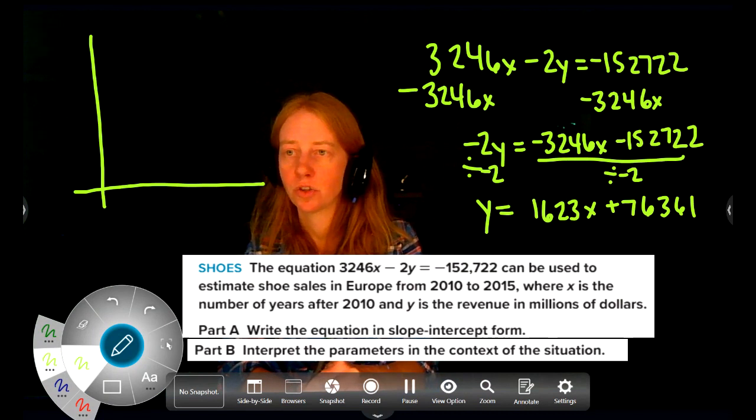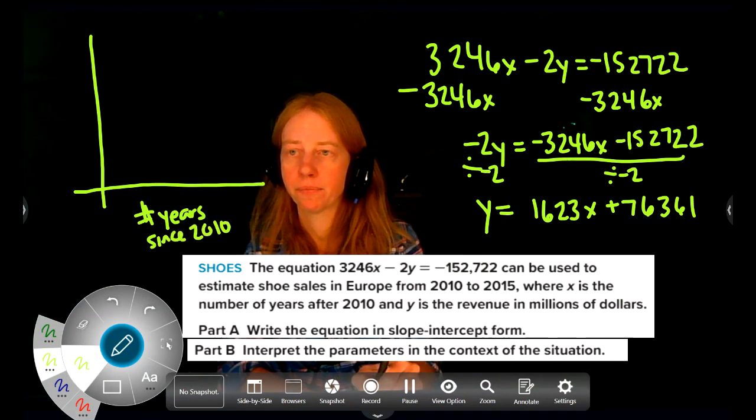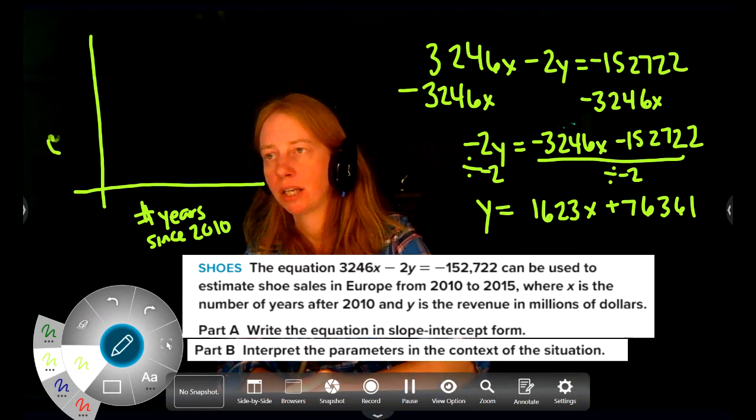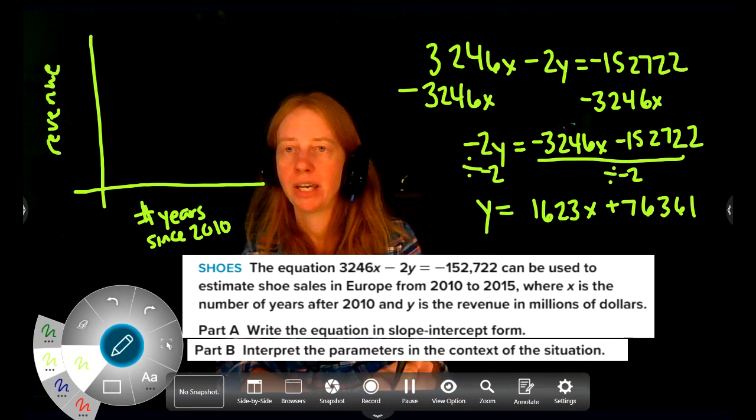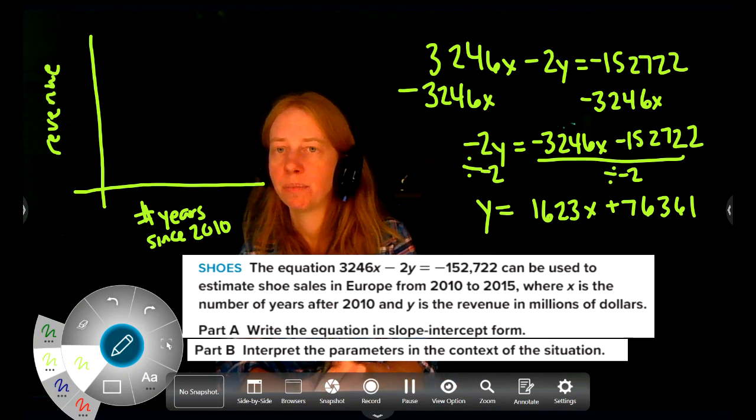X is the number of years since 2010. And Y is the revenue. So how much money are they earning by selling these shoes? Okay, we have a y-intercept of roughly 76,000.